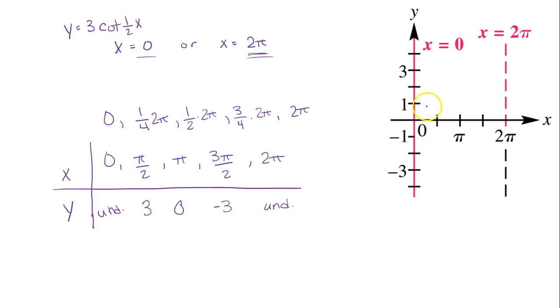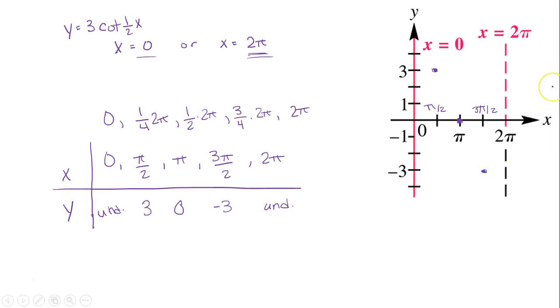And right here, this value is pi over 2, and this is 3 pi over 2. Okay, now we are going to plot pi over 2, 3, pi, 0, and then 3 pi over 2, -3.